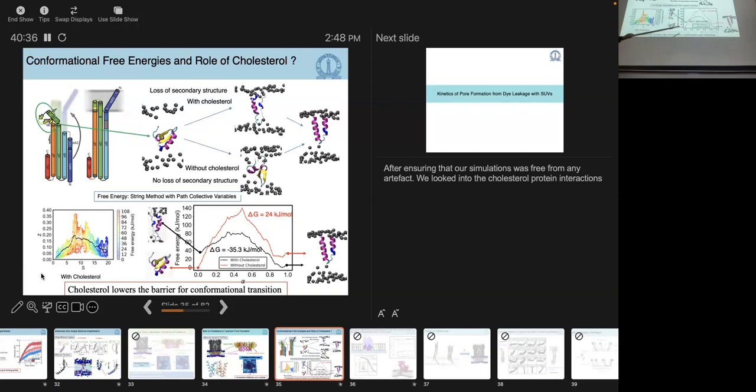In the case without cholesterol, what we find is that this state remains in this folded state. So both states are very different with and without cholesterol. But we run vanilla MD simulations long enough to be able to capture the two states.